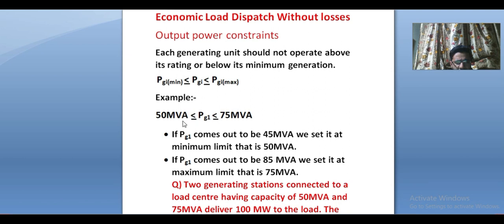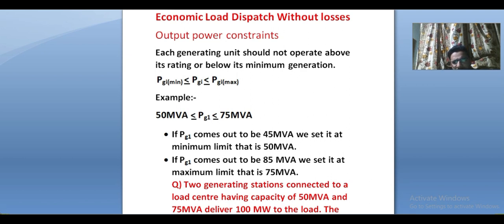The minimum generating capacity of generator 1 is 50 MVA and the maximum is 75 MVA. Now if somehow PG1 minimum comes out to be 45, we don't take it as 45, we take it as 50 MVA, otherwise there will be no economical load dispatch.